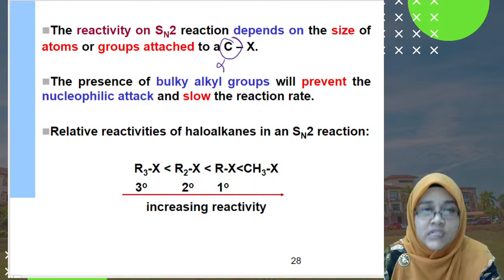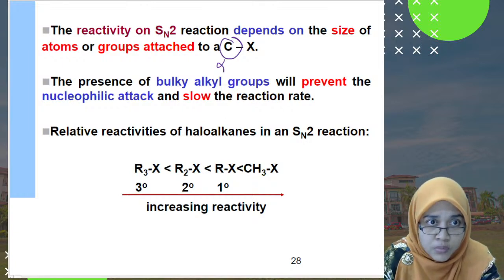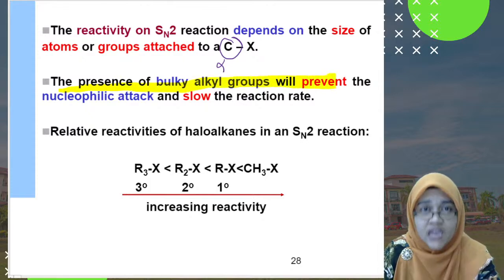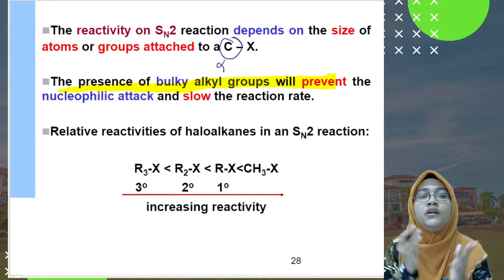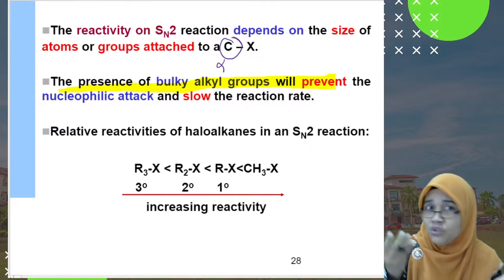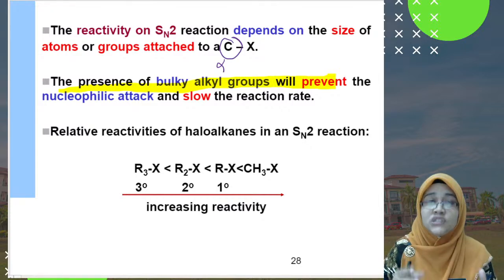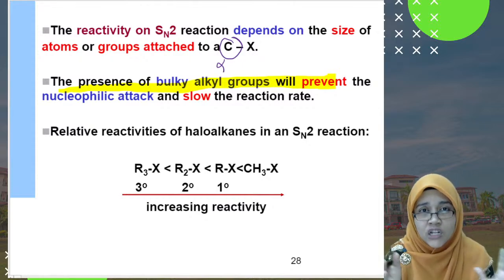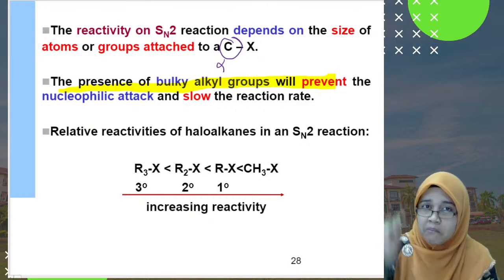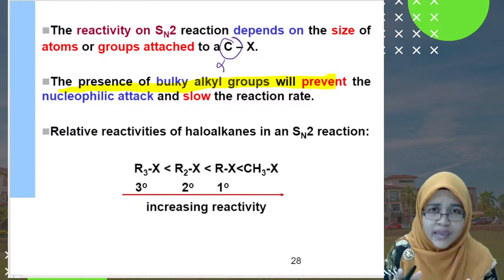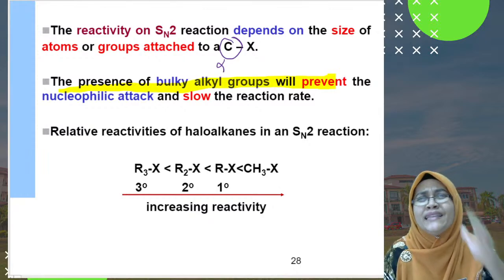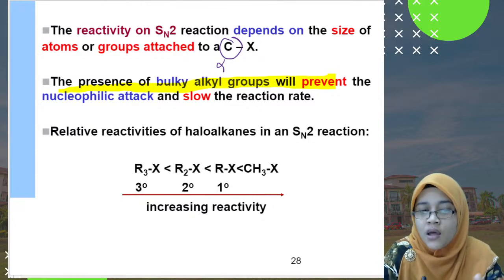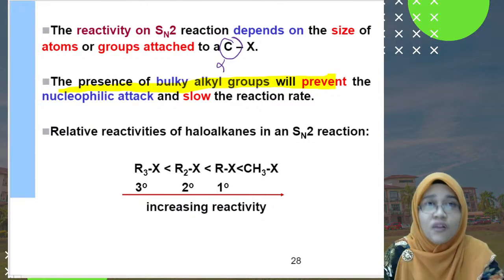Alright. So the presence of a bulky alkyl group will block the nucleophilic attack, the new nucleophile attacking the reaction. Meaning that if more alkyl groups surround this carbon, it makes the SN2 slower. That's why SN2 doesn't like tertiary haloalkane, because tertiary haloalkane has many alkyl groups blocking the alpha carbon.